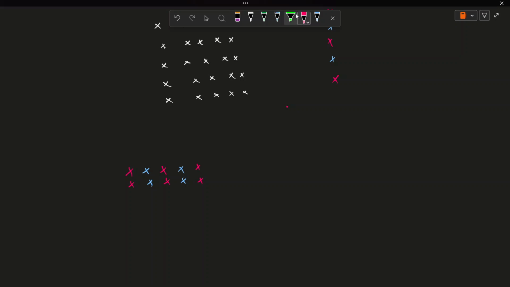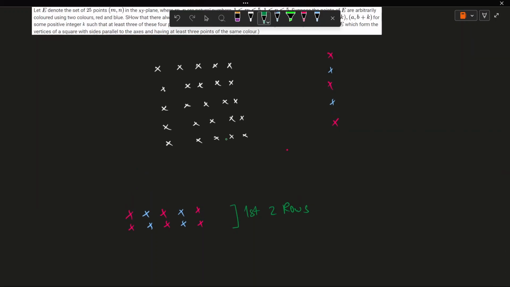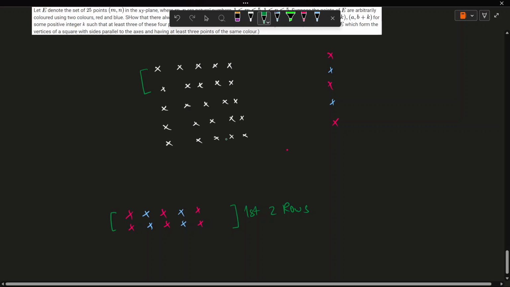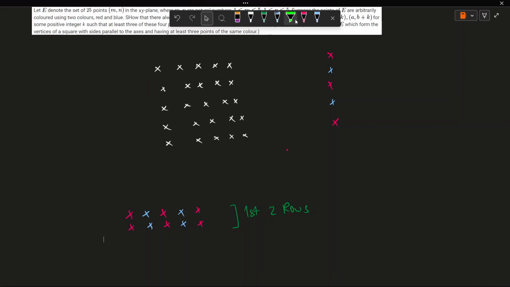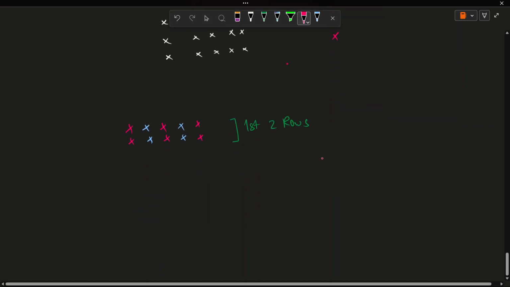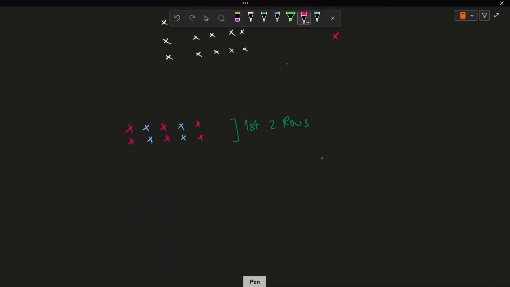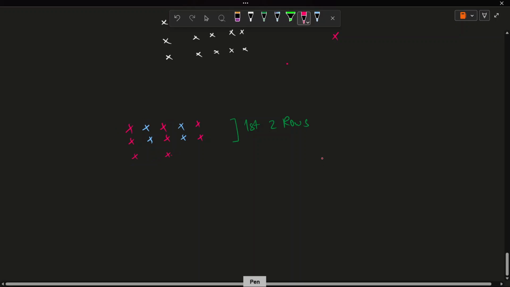If there are two reds, we don't know which row they are in, so we will proceed case by case. First, let's assume that these are the first two rows. Going procedurally, this or this cannot be red, because this will form a square with 3 points of the same color.